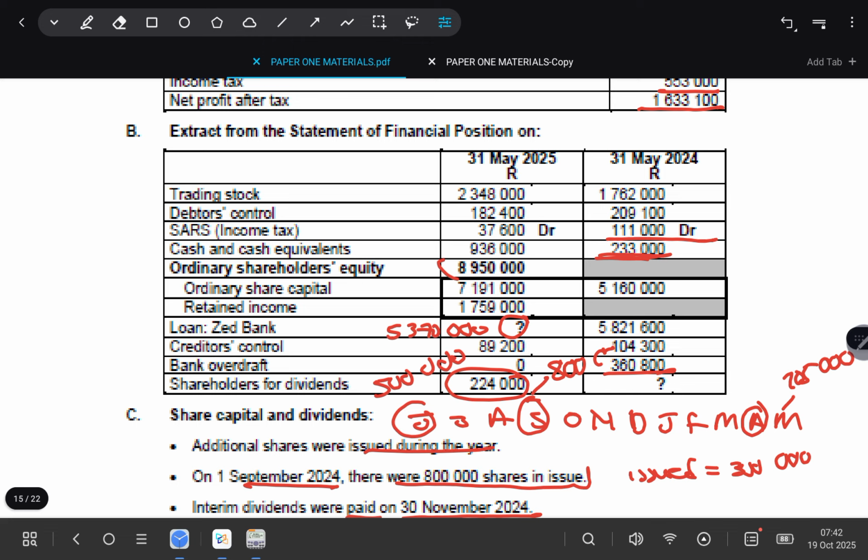But what you need to do, you need to check on the exact day those shares were sold. I hope this makes sense. So we need to try and remember how that was done. Remember here, earnings per share, we need to remember the formula actually. How do we calculate that formula?